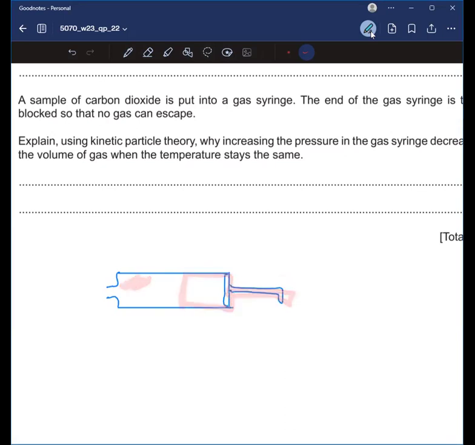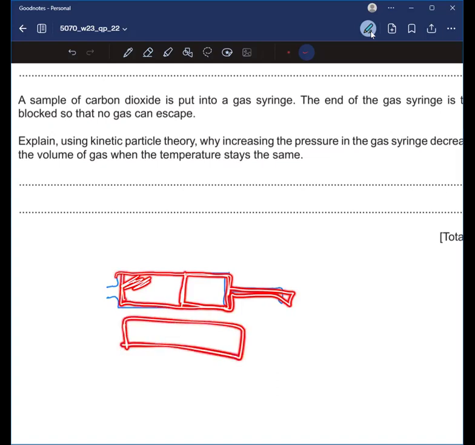Firstly the gas was in this whole big volume. But now, as I have shifted the plunger to the left, the volume it was present in has decreased. The volume has decreased, not area. Sorry, I should use volume.